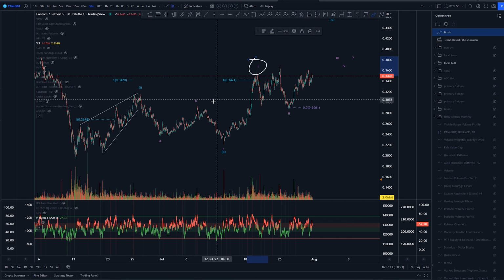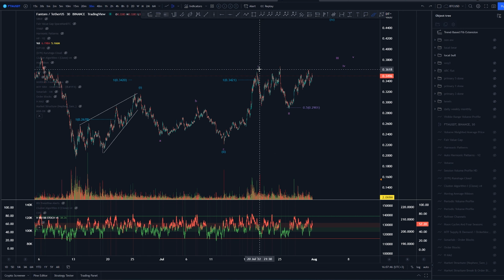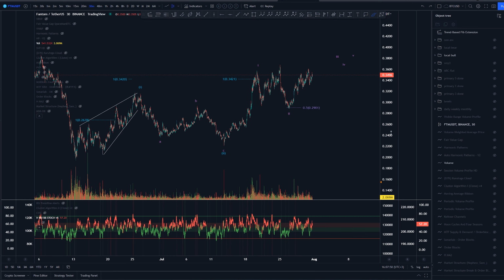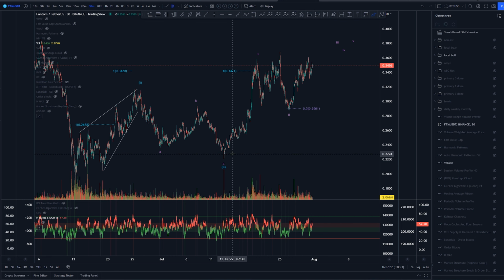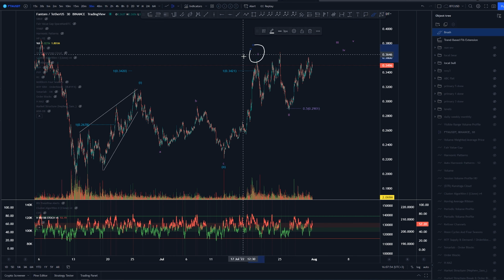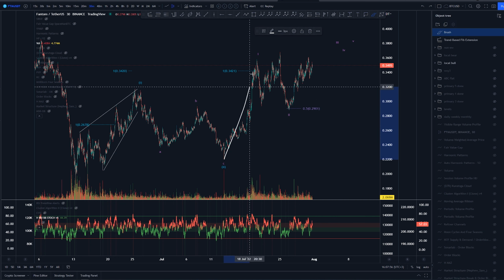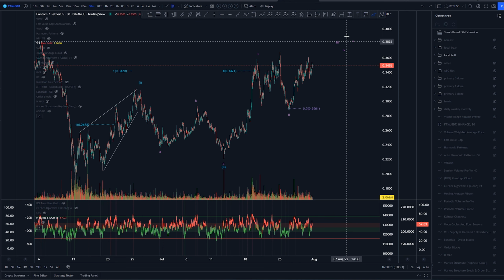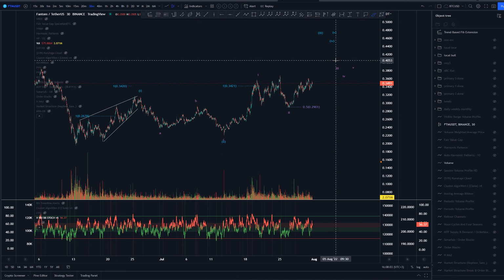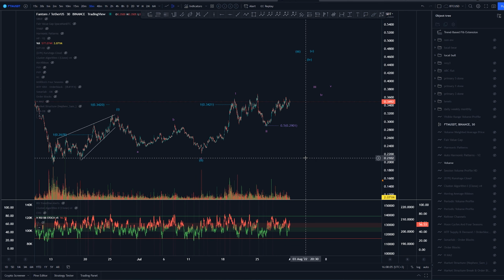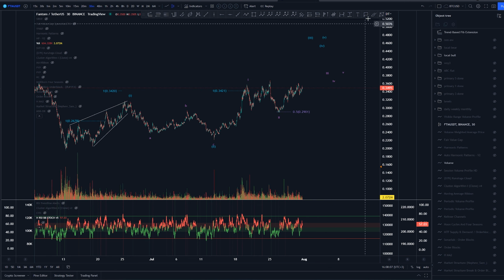As this is a lower degree wave structure than this one, it doesn't make sense that this is larger, unless it has, of course, an extension on it. So at the moment, if we still want to have this as a wave 1, I would consider that this here is either an extension of the wave 1, and we don't need to be looking for extensions on the structures after it, right?